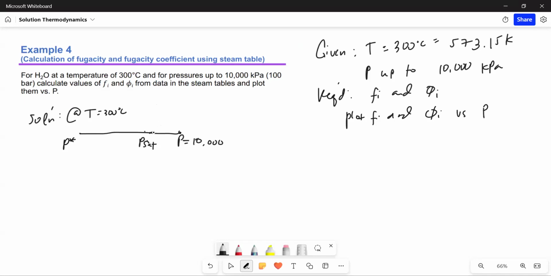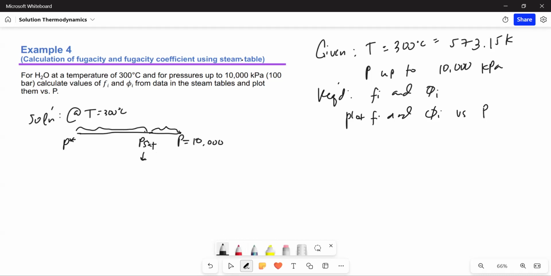So as we increase the pressure, at some point it will liquefy. So we need to know the P saturation. For this part right here, we use the equation for the gas, but for this part, we use the equation for the liquid. So the key thing is to first check what the P saturation is.